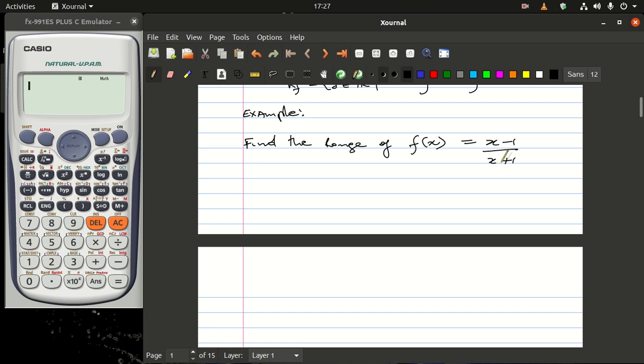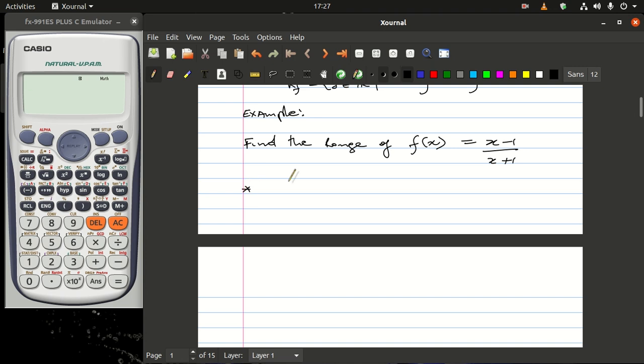So that's when we will actually end up having a domain. But we have no idea how to find the range of this particular function, especially if we don't know how to plot it. So this method here is actually avoiding plotting anything. We're just going to try and find the inverse of that.